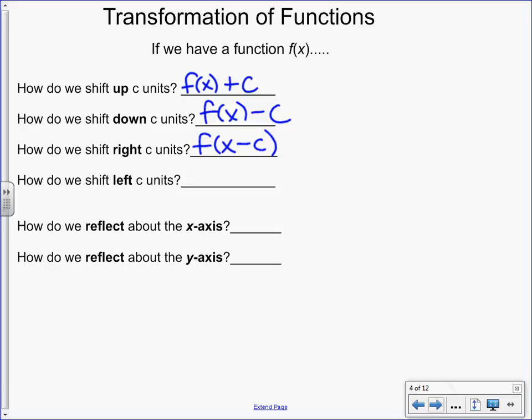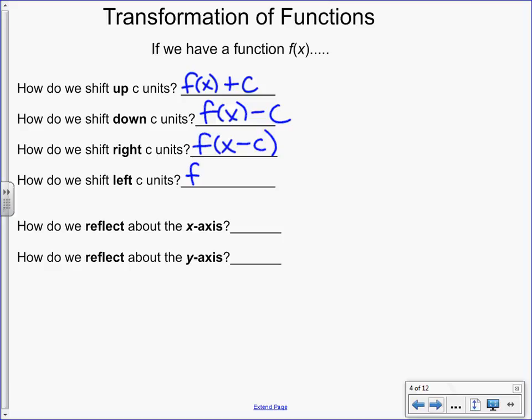Okay, if you think about it, if we set this equal to 0, okay, we'll get x is c, and that would be where we're going, okay, to the right, a positive c, and that's why it's like that, okay.